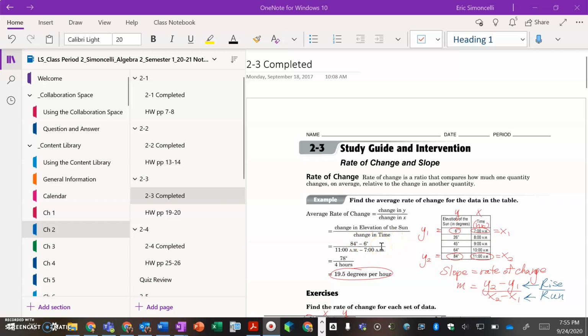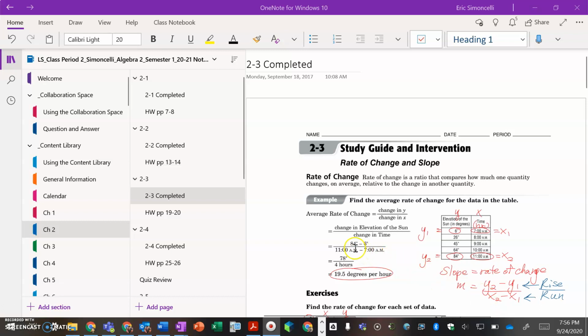When we calculate the average rate of change, which later we will decipher as our slope, and also our m value, if we recall, it is y2 minus y1 over x2 minus x1. I know I'm introducing this a little bit early, but you've already seen this quite a bit in Algebra 1. The numerator is your rise, this whole difference, while the denominator is your run, this whole difference.